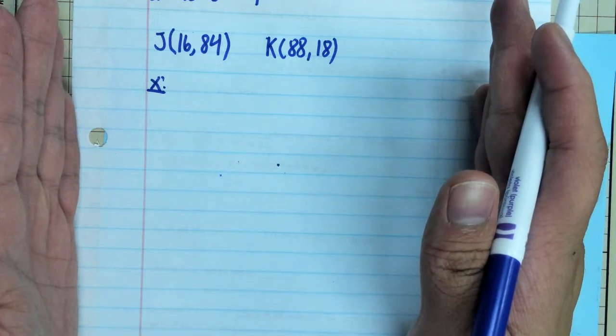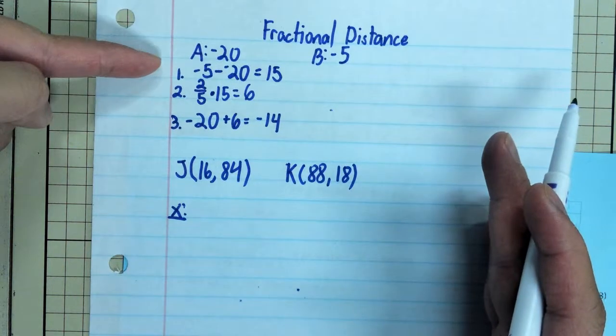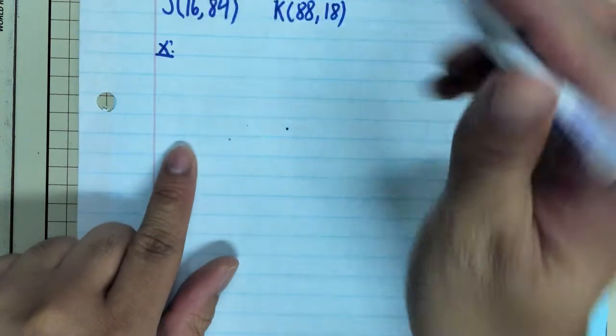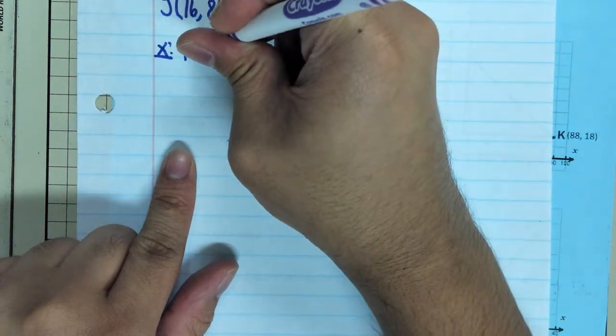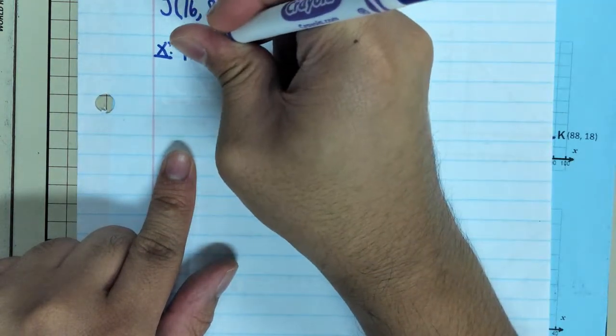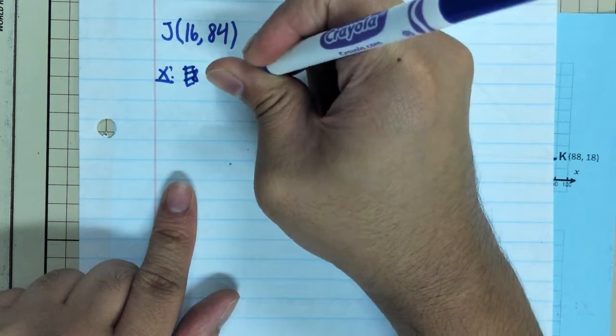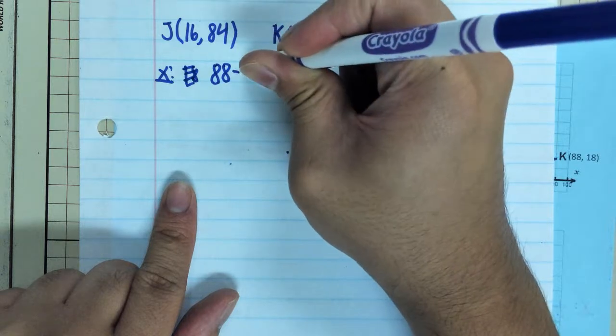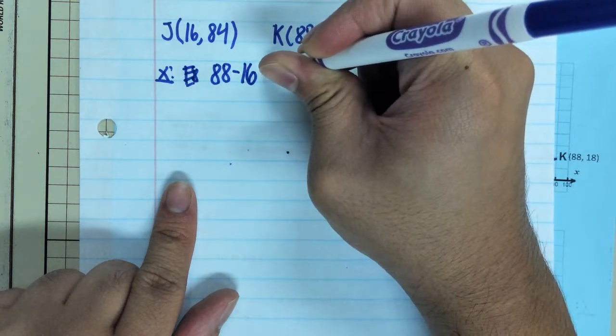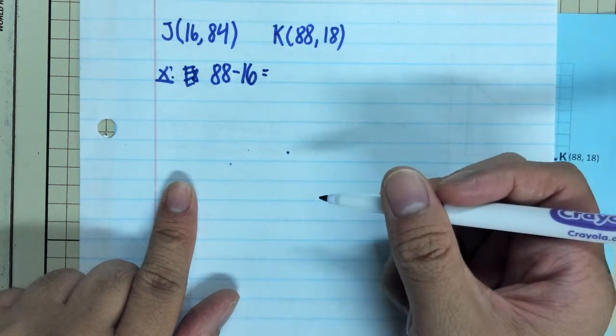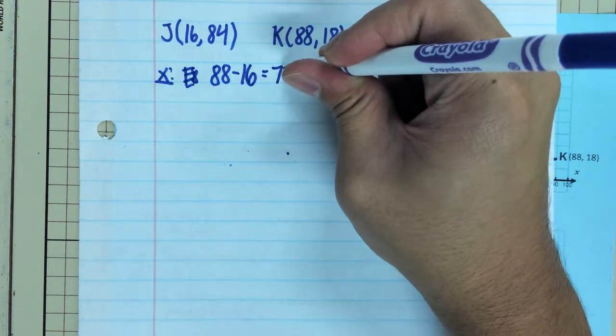And again, when we say how far apart, in this example we subtract the two numbers. My second number is 88 for the x, 88 minus 16. 88 minus 16 gets me 72.